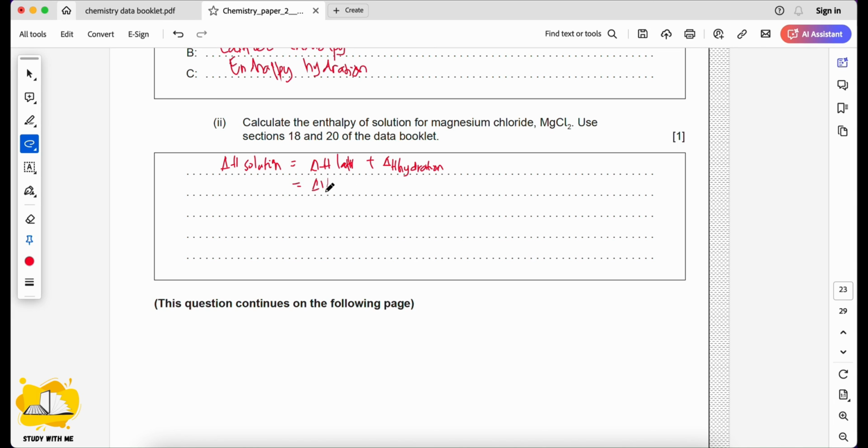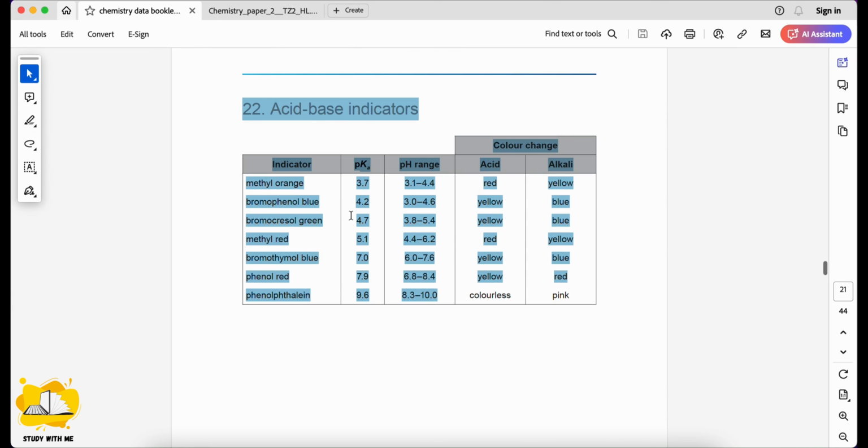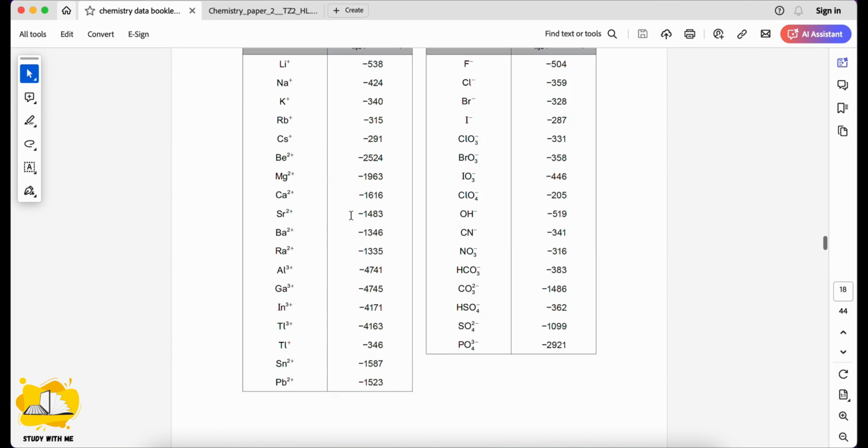So lattice enthalpy plus hydration of Mg2+ and 2 times hydration of Cl-. So sections 18 and 20.